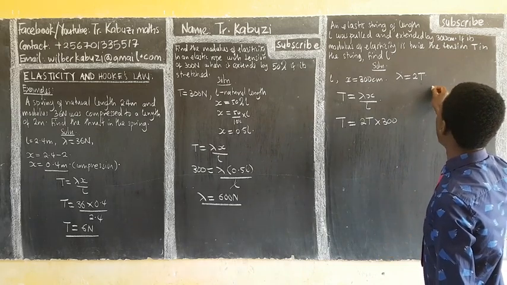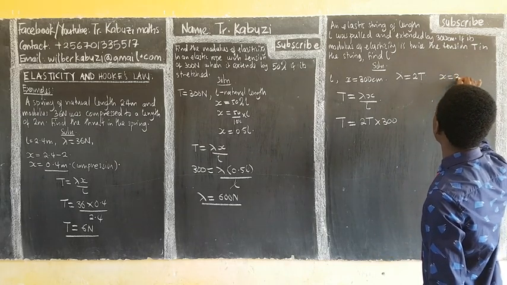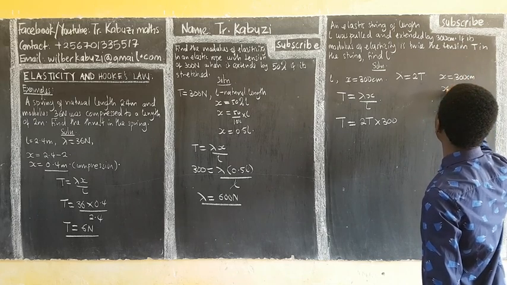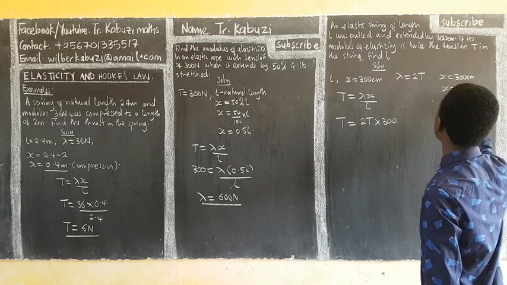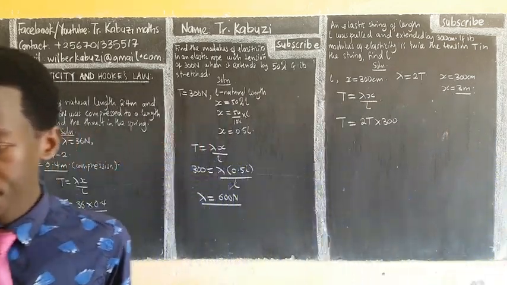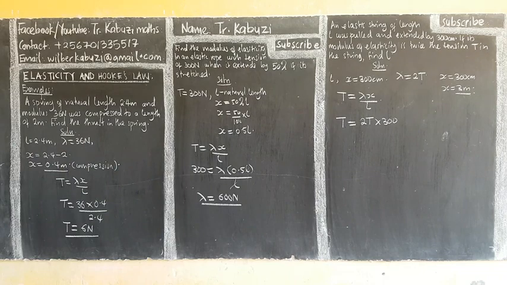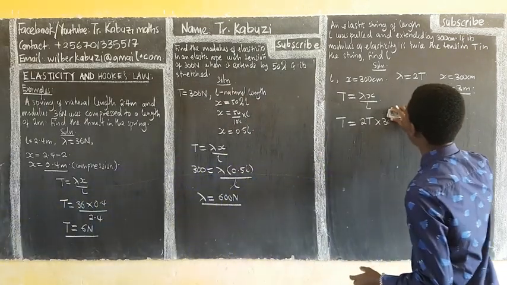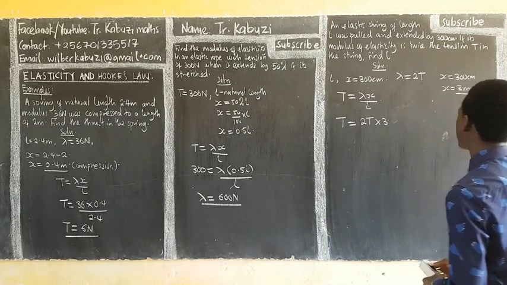From here, I can say my x equals 300 centimeters, which is 3 meters.